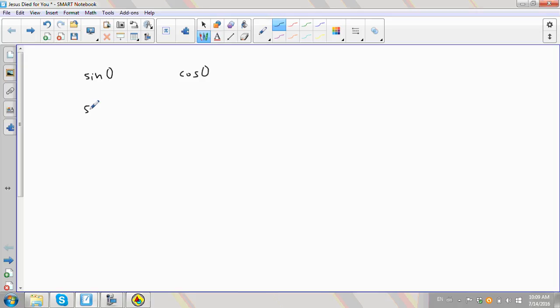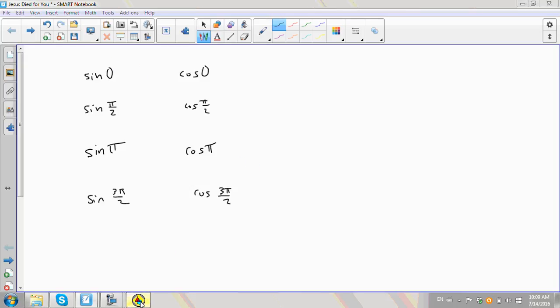And what about the sine of pi halves radians, the cosine of pi halves radians, and all the multiples of pi halves, those 90-degree multiples, the sine of pi and the cosine of pi, as well as the sine of 3 pi halves and the cosine of 3 pi halves. And of course, the sine of 2 pi will be the same as the sine of 0 because 0 and 2 pi are coterminal angles.